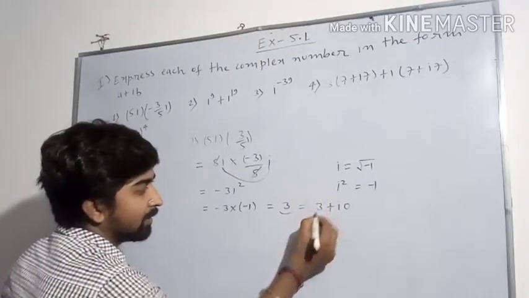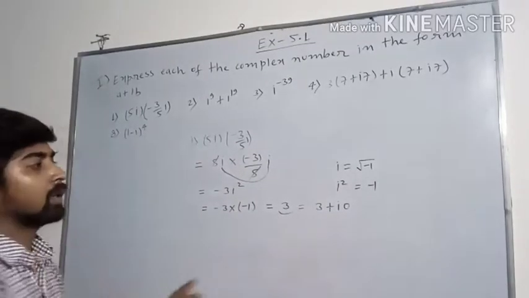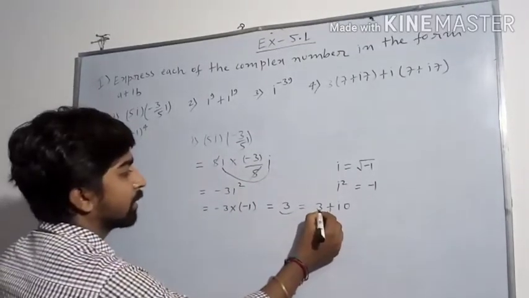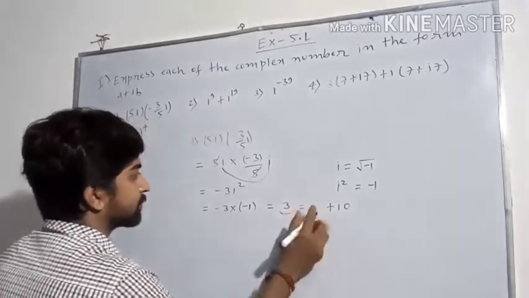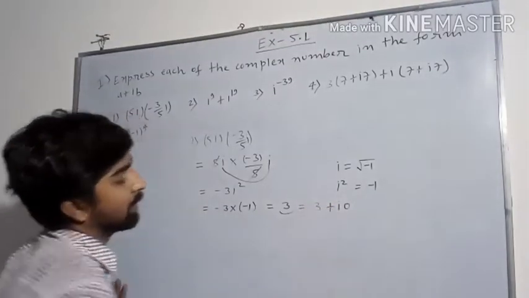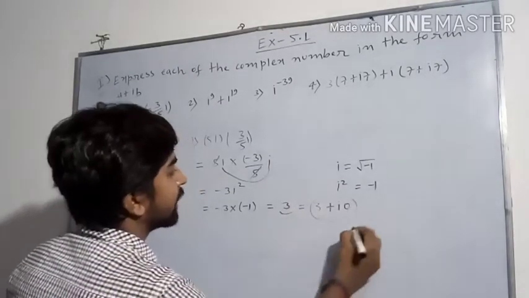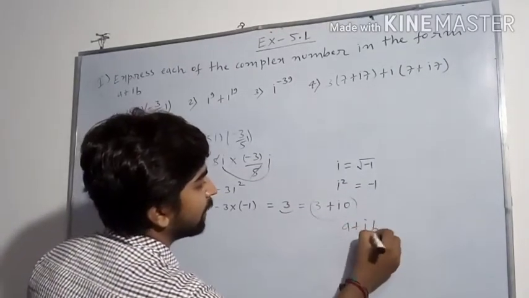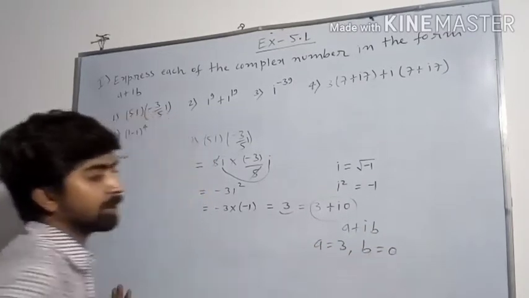We will write imaginary part 0 and 3 is the real part, and this is in the form a plus ib, where a equals 3 and b equals 0.